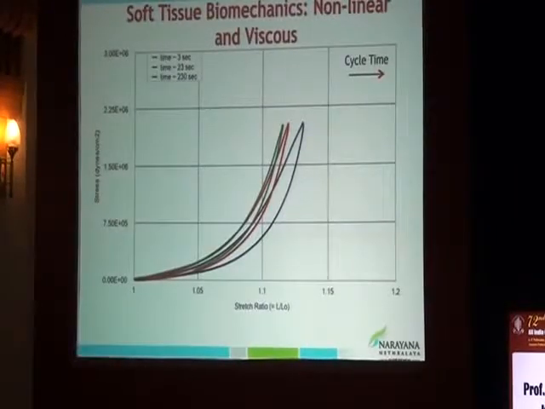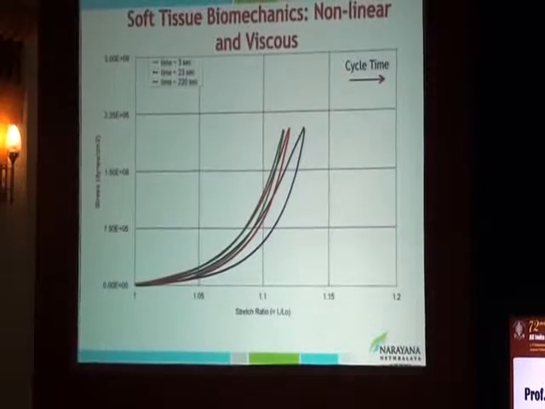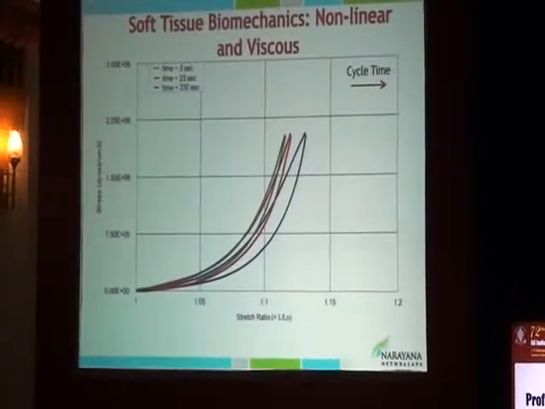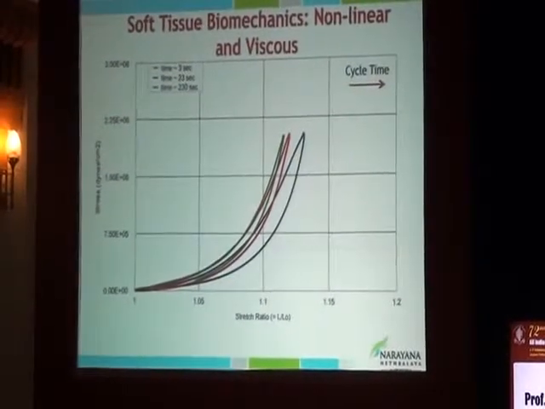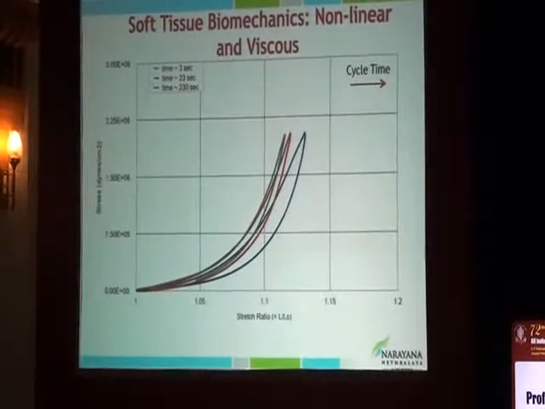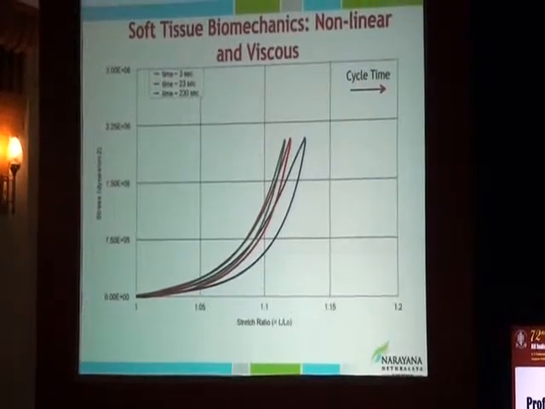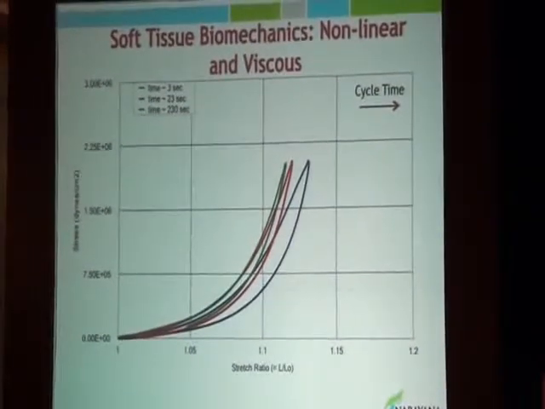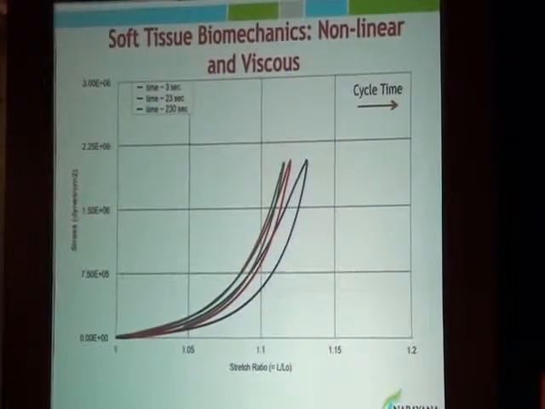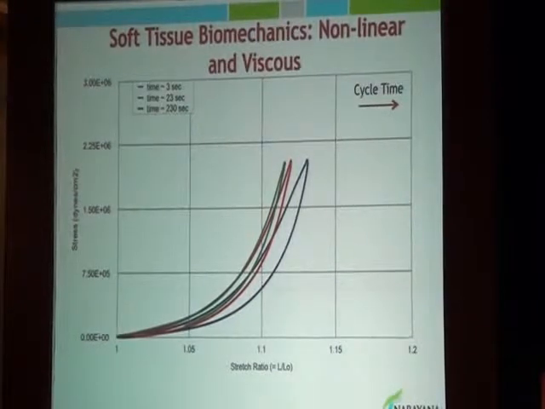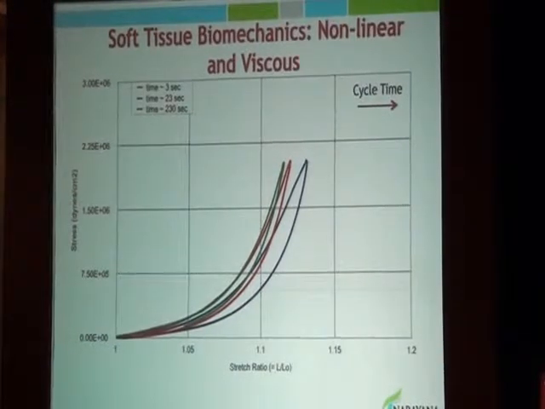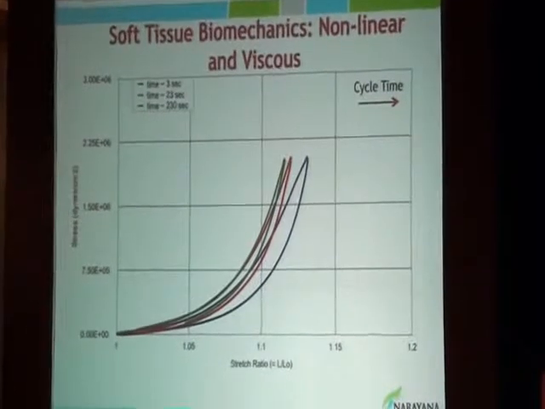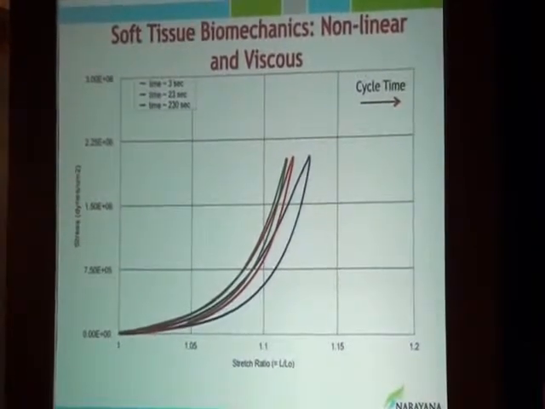And if you look at soft tissue biomechanics, the response to strain and stress is non-linear, which means that, say, if you increase the stress of the cornea by increasing the intraocular pressure, the way the cornea responds back to that, or comes back to normal, is different in a normal eye and a diseased eye.